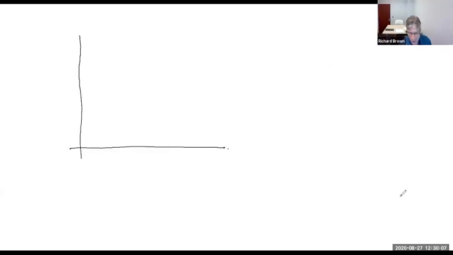So to do that, I want to switch slightly and draw for a second. Let's look at a function in the x, y plane, and I'll choose a point x0 and a point y0.